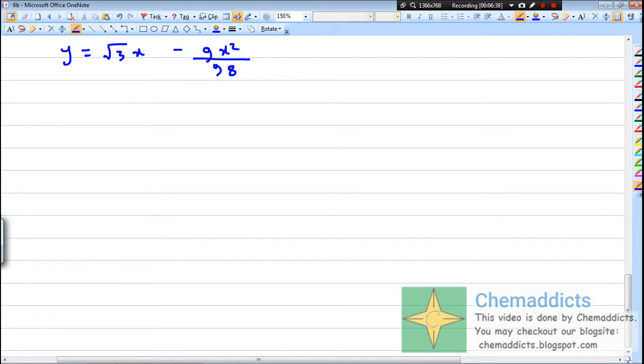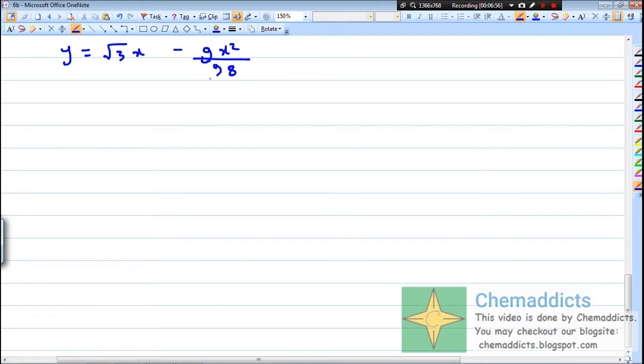This is the equation that we found earlier. This is g, by the way. So y equals root 3 x minus g x squared by 98.